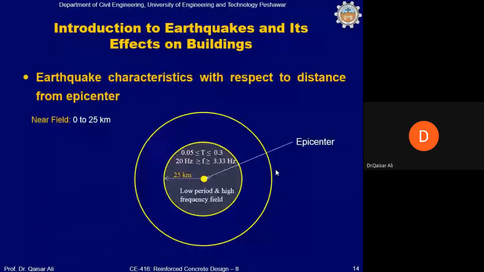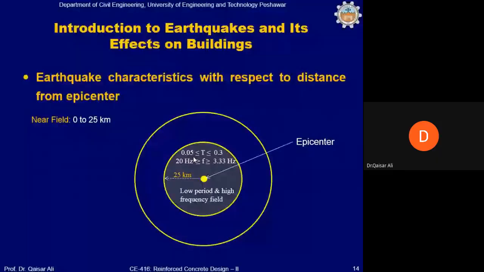When the distance from the epicenter is around 25 kilometers, within that radius, the earthquake characteristics are such that their period is very, very low, which means they are very high frequency waves, and they vibrate very vigorously.